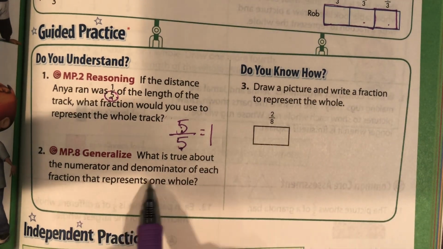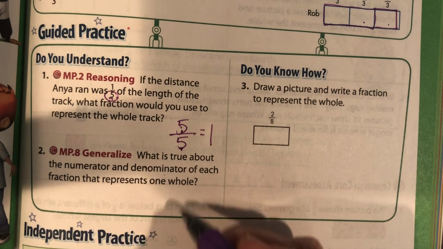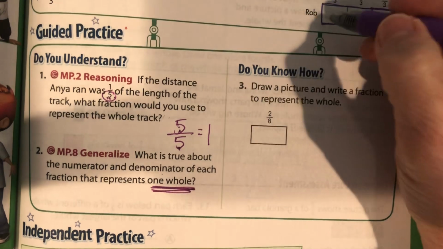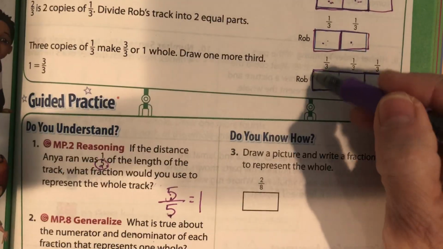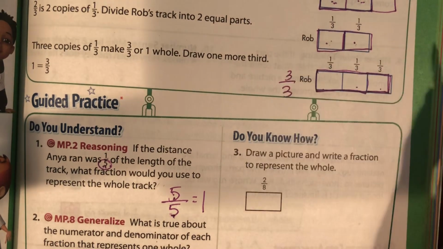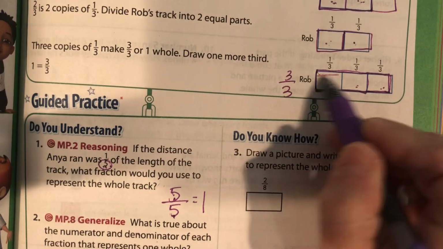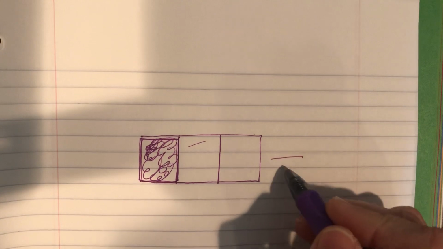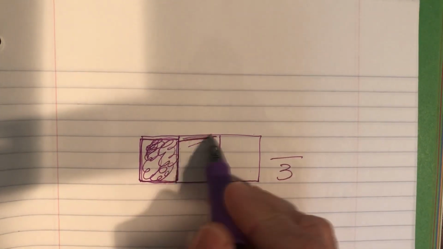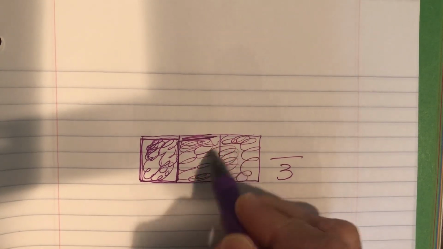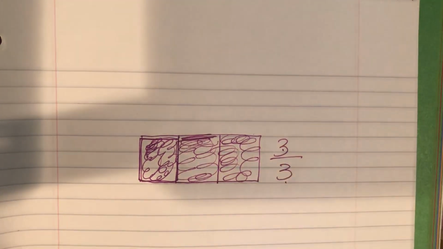Okay, what is true about the numerator and the denominator of each fraction that represents 1 whole? If it represents the whole thing like this, if Rob had done all of these, we would have 3/3, because there's 3 parts total and we've shaded in all 3 of them, okay? If over here our numerator was 3 because there's 3 parts. If we had planted flowers in the whole garden, we would plant flowers in 3 out of the 3 sections.